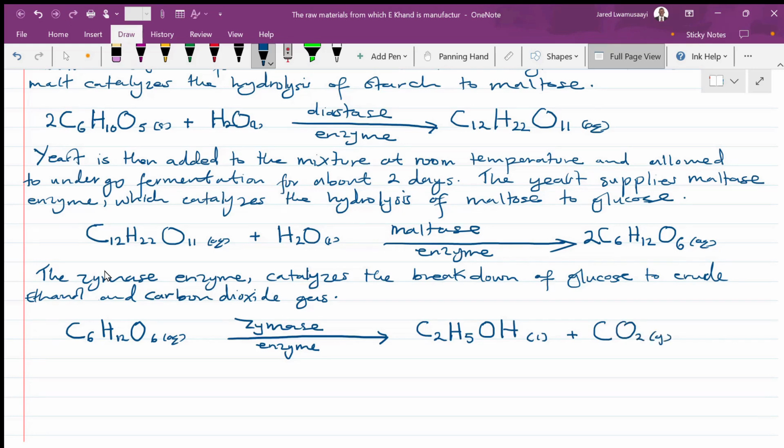So to balance this equation, put there 2 and another 2 here.